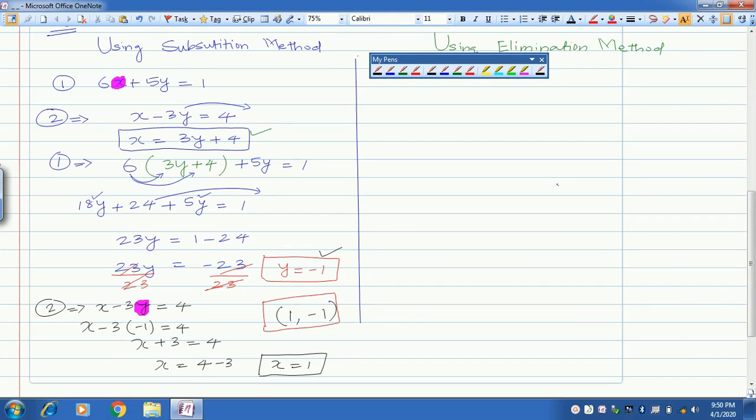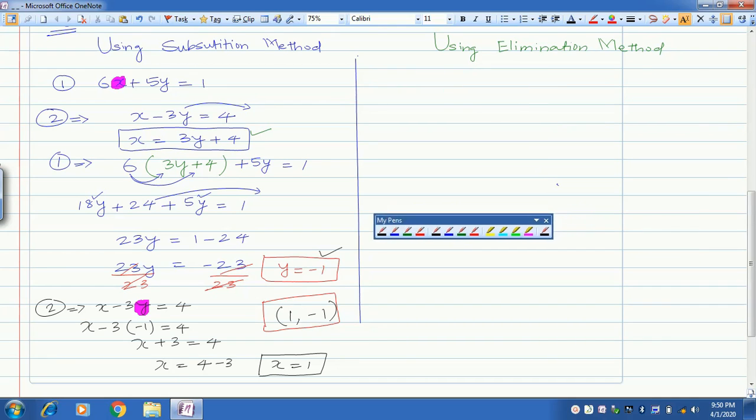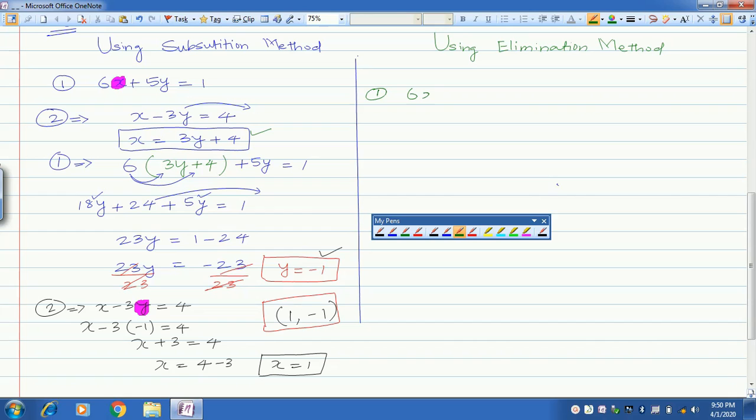The first equation is 6x plus 5y is equal to 1, and the second equation is x minus 3y is equal to 4.